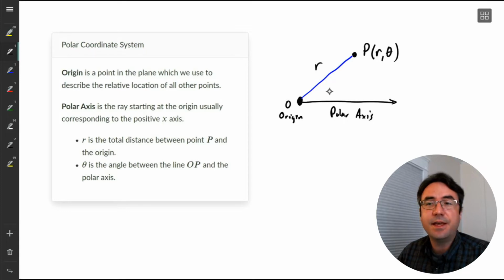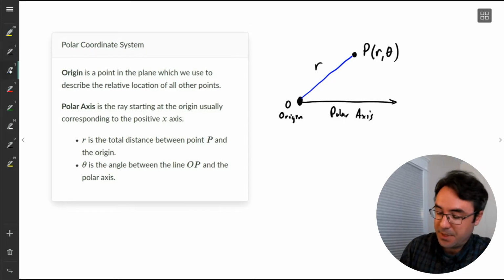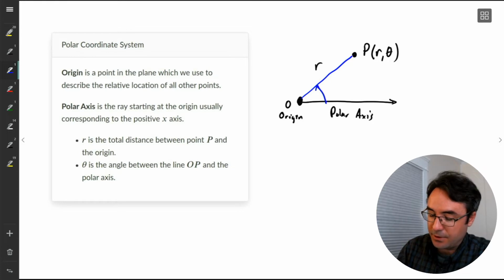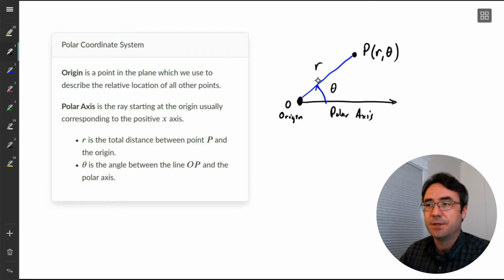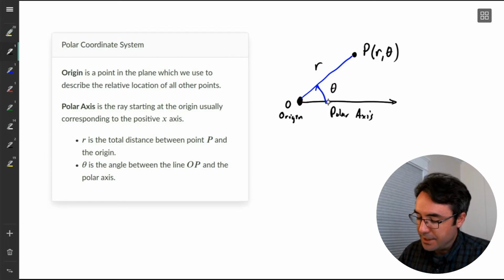Theta is the angle. So theta is this angle right here. It's the angle starting at the polar axis, and it's how far we would have to rotate until we get to this line OP. So it's the angle in between our polar axis and this line right here.